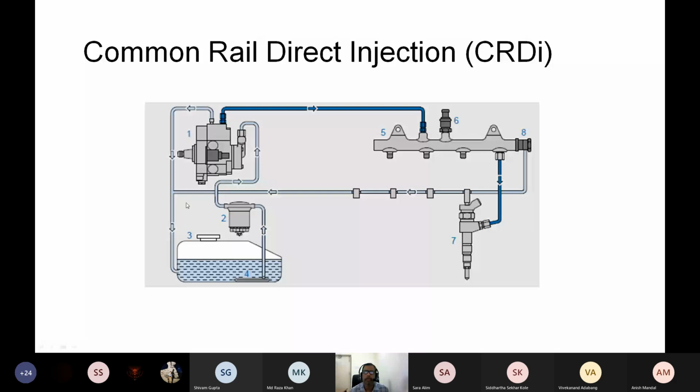Then we discussed how the fuel flows through the pipelines before it reaches the injector. That is what we discussed in our last class.